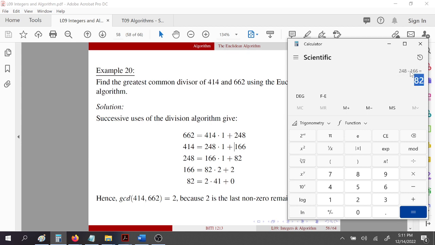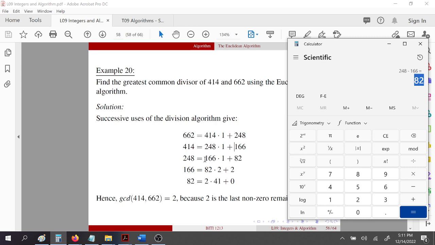Is this number, 82, less than 166? The answer is yes. So we can stay with this number. Then we can write the equation like this: 248 equals 166 times 1 plus 82. So 82 means remainder or balance.